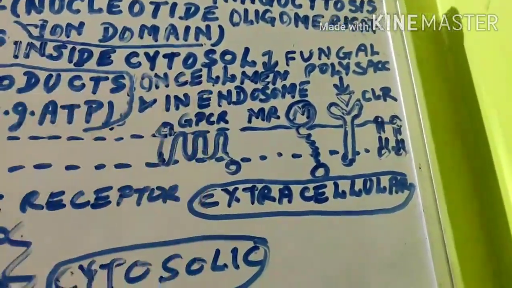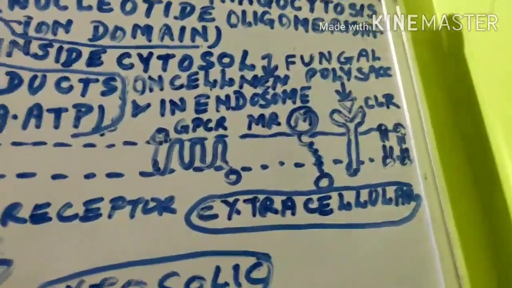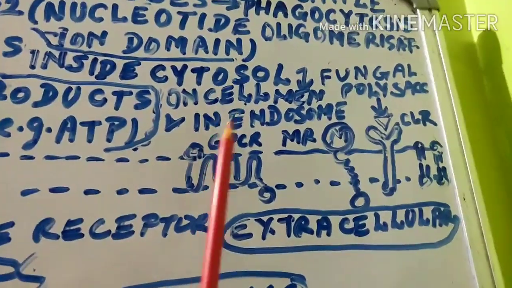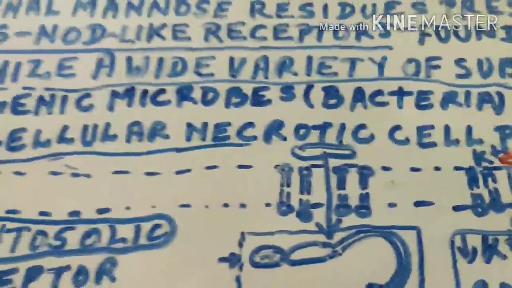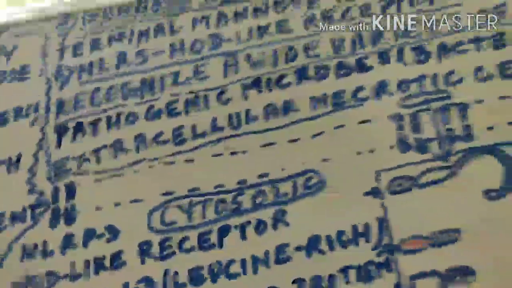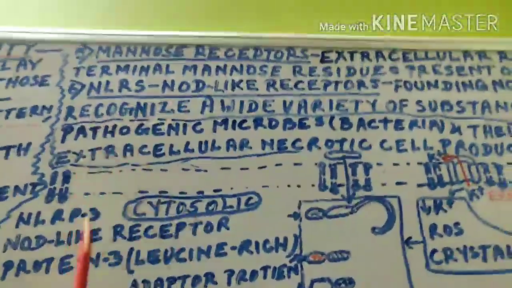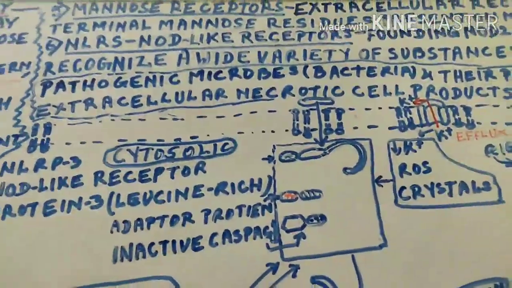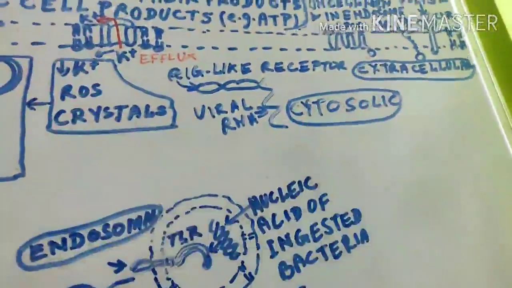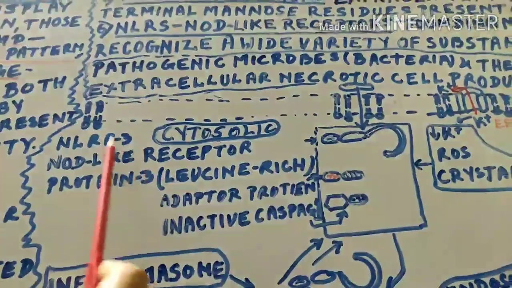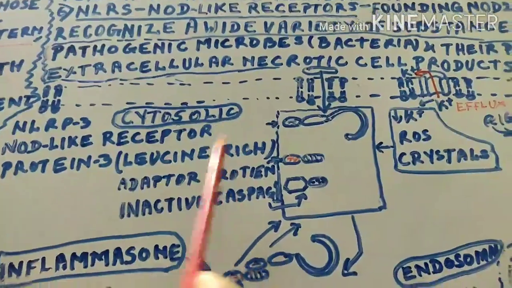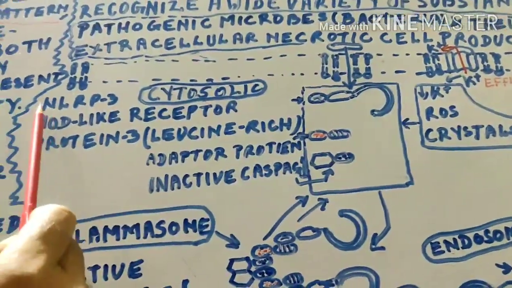All the antigens present at all these three sites are recognized by this receptor. Now, you can see how many types of NLR receptors there are: cytosolic, endosomal, and extracellular. First we shall deal with the major one, the cytosolic receptor.